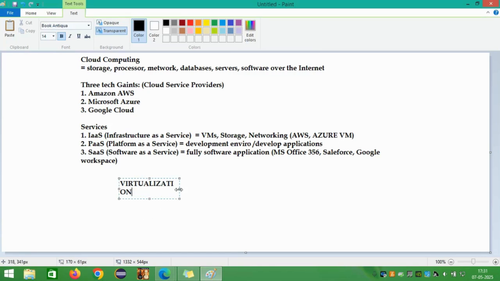Not just these services, virtualization is the backbone of cloud computing. This is again a detailed topic. There are going to be some interesting terminologies and techniques that we're going to discuss in virtualization, the types of virtualization in depth, and let's discuss it in the next session.